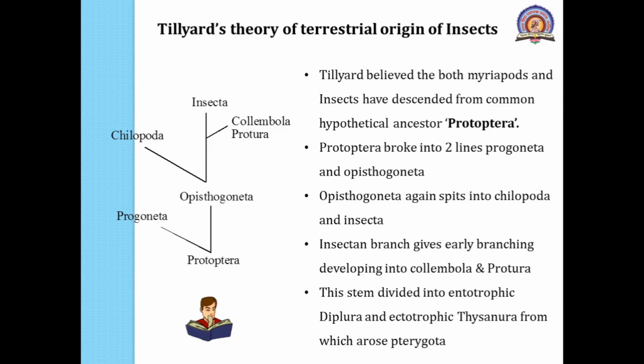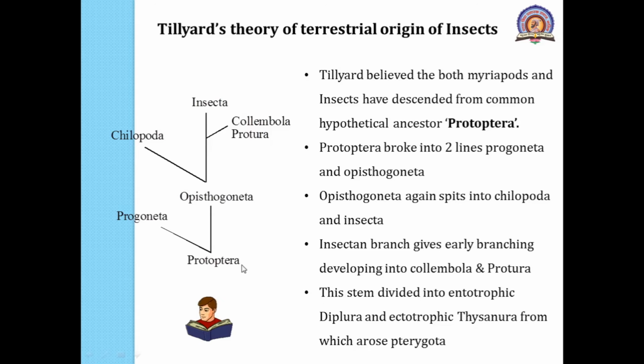Among these theories, a notable one of terrestrial origin of insects is that of Tillyard. Tillyard gave a theory based on the terrestrial origin of insects, who believed that both myriapods and insects descended from a common hypothetical ancestor which he called the Protoptera.